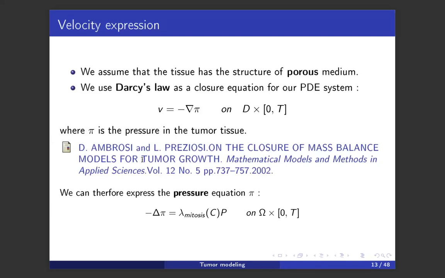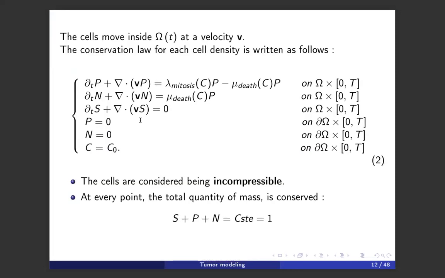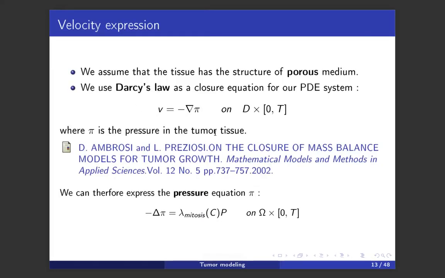We assume that the tissue has the structure of a porous medium, and then we can use Darcy's law to close the PDE system, because in this system we have the velocity v, and we have to compute it. Using Darcy's law, we have a fourth equation in order to close the system, and P is the pressure in the tumor tissue.